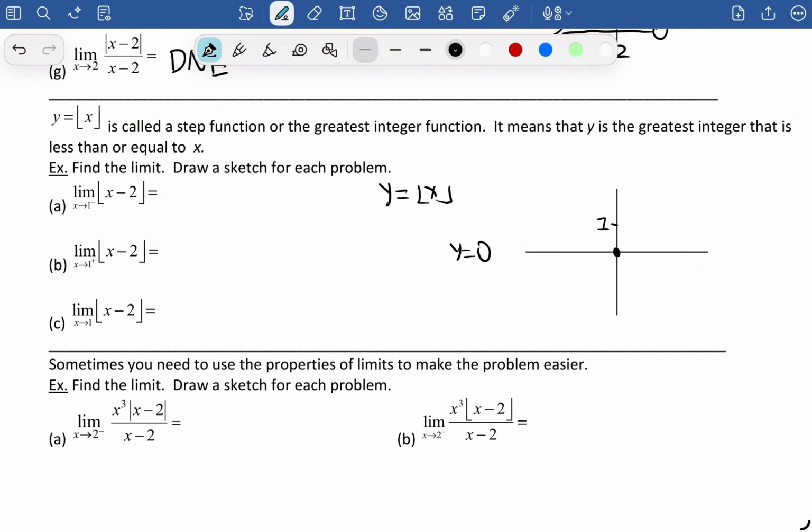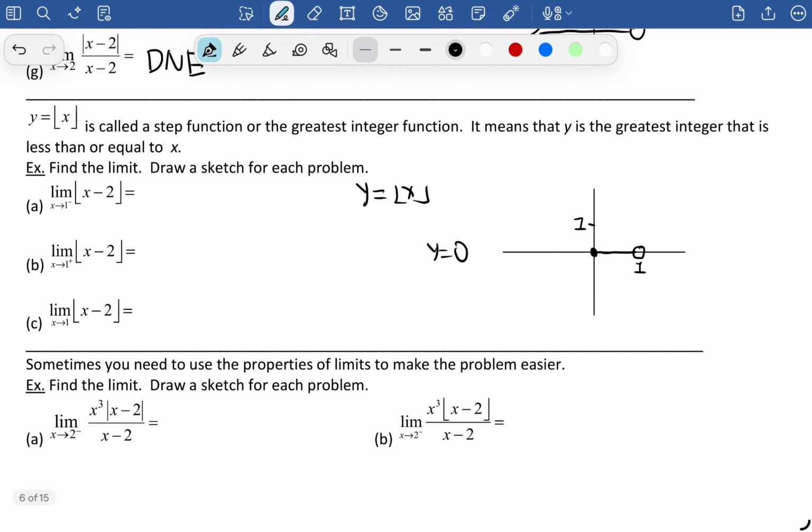This brings us to our second interval. The first interval is just going to be this, and I have to put an open dot over here at x equals 1, because it can't equal 1. And then the second interval is that when x equals 1, y is 1. So we can put a closed dot over here.